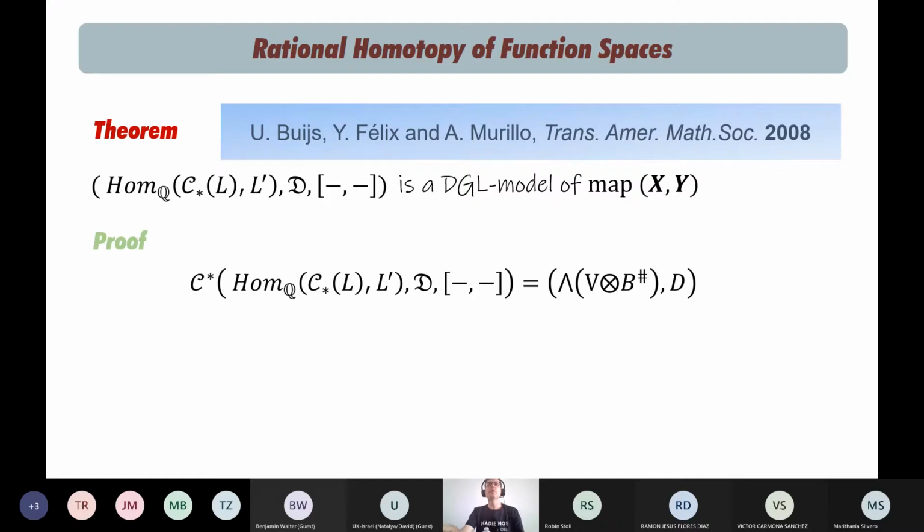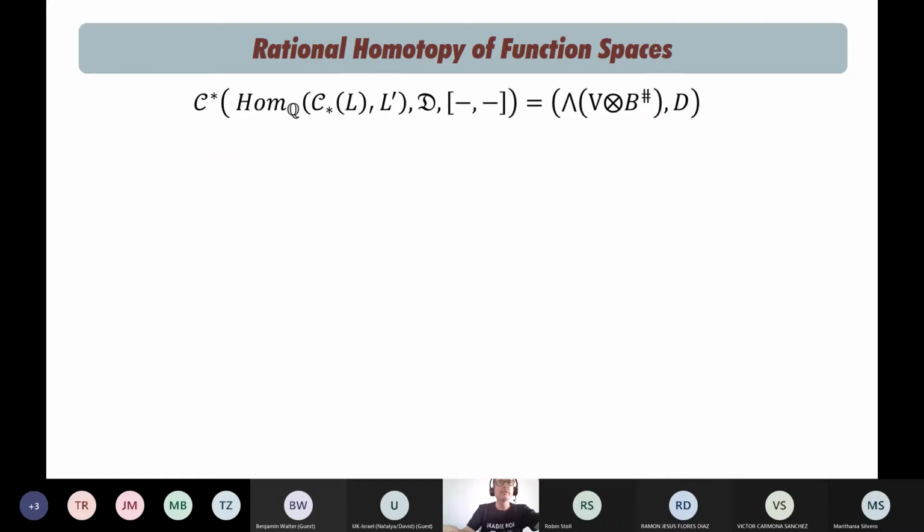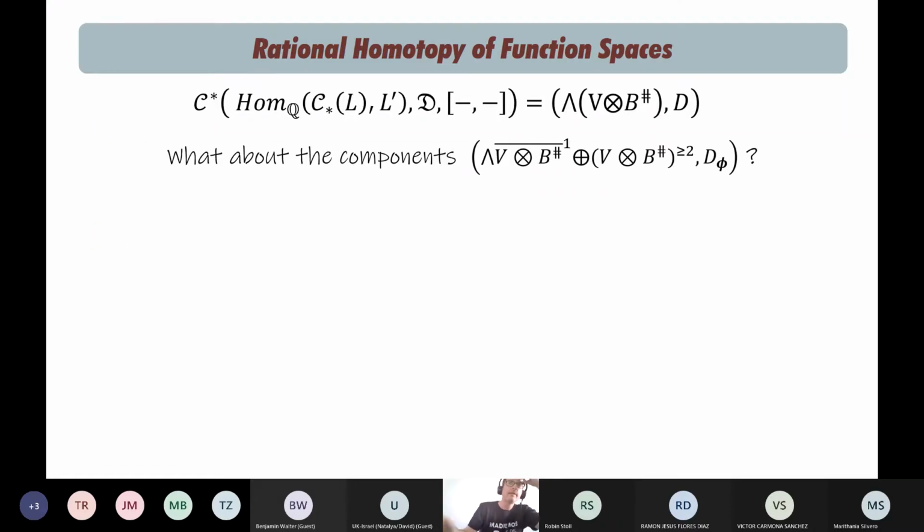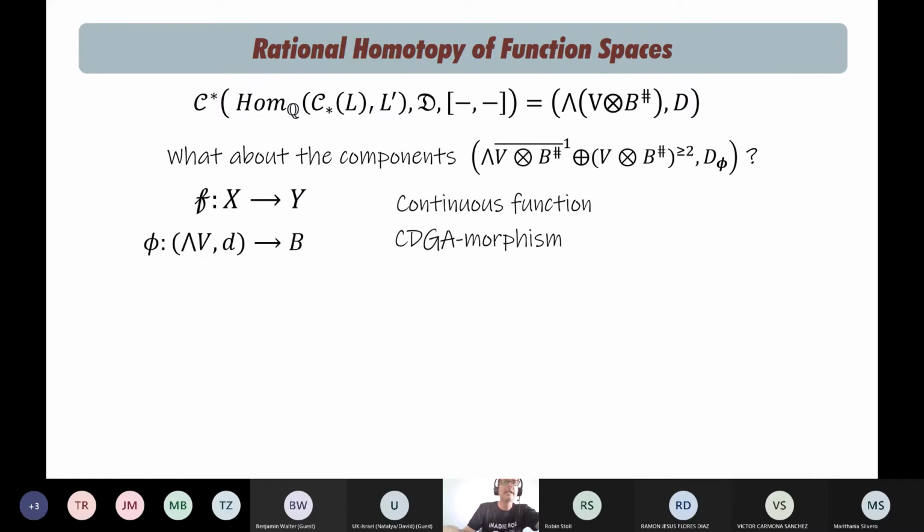And what about the components of the mapping space? Well, if we have a particular map, and we have a CDA morphism of this map, then recall that this Sullivan algebra is just the cochain on L prime, and B is just the dual of the Cartan-Eilenberg-Chevalley.